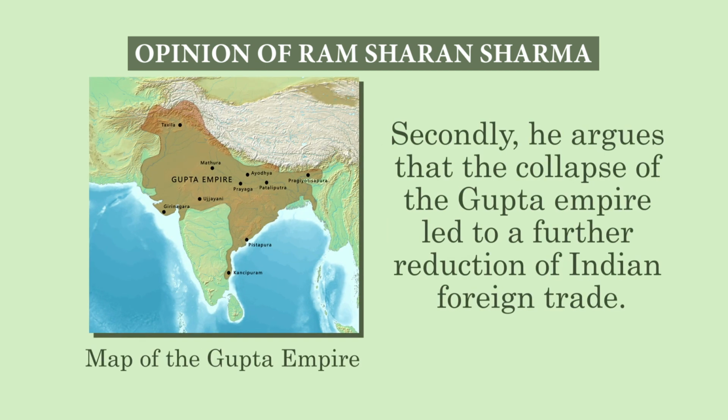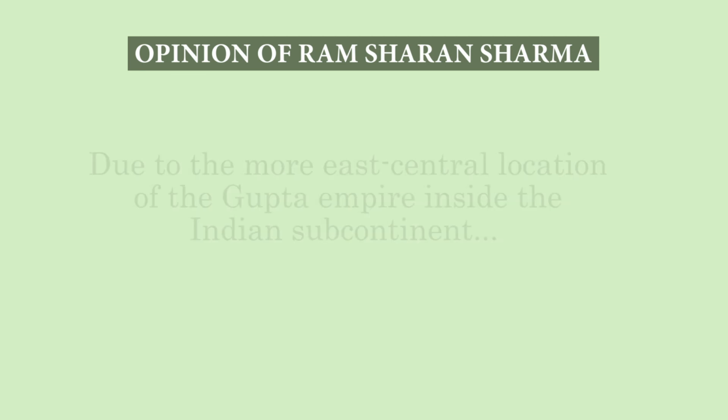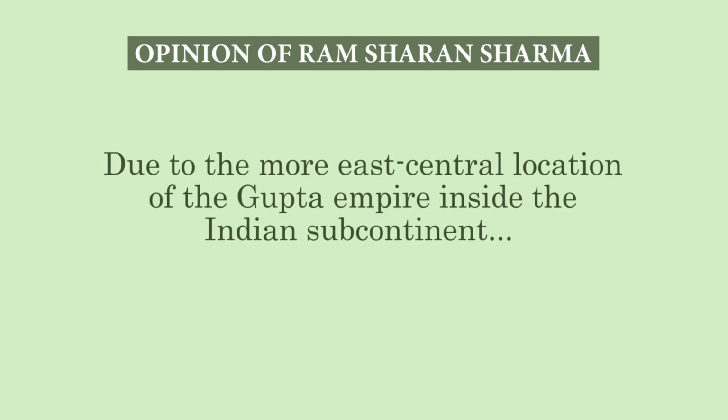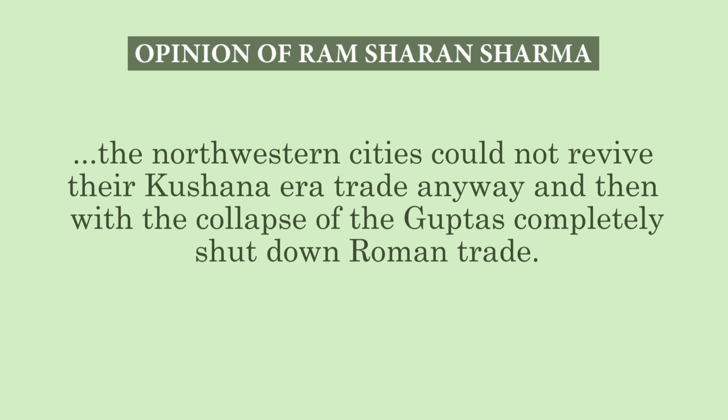Secondly, he argues that the collapse of the Gupta Empire led to a further reduction of Indian foreign trade. Due to the more east central location of the Gupta Empire inside the Indian subcontinent, the northwestern cities could not revive their Kushan era trade anyway.